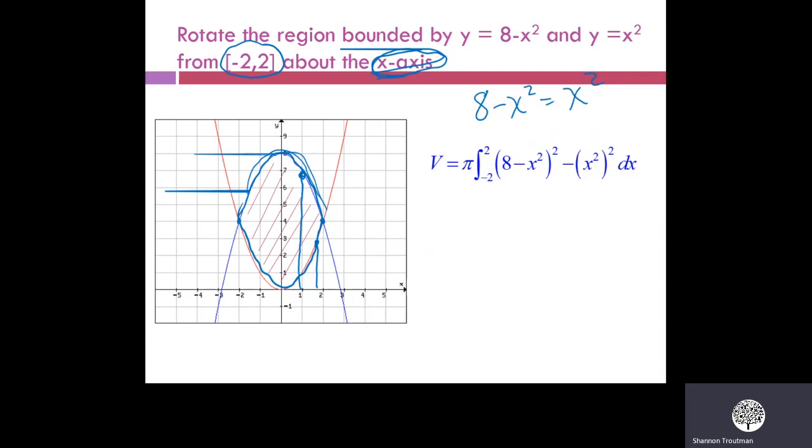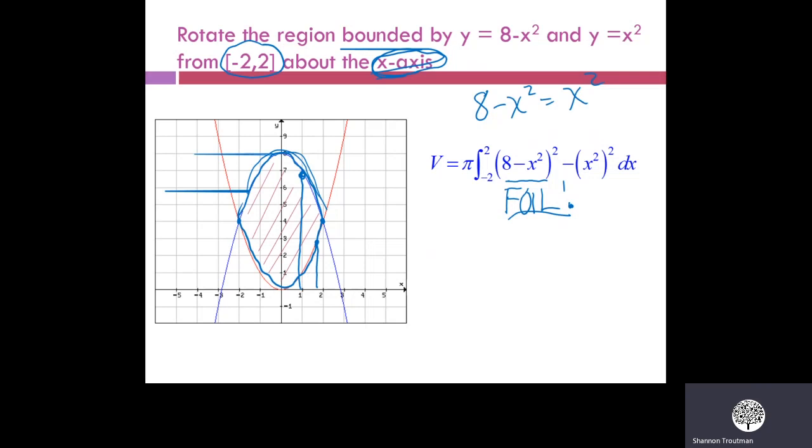No x-axis. So this one I would expect you to integrate with your calculator, but remember this: if you're not using your calculator, you have to FOIL that out. Don't just square the 8 and square the x squared.